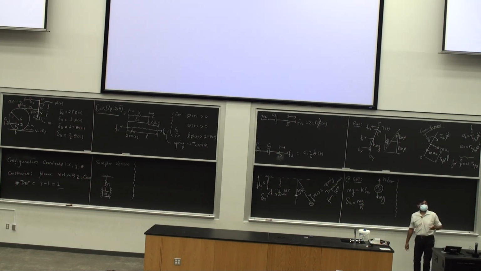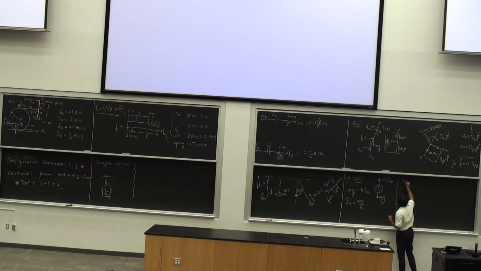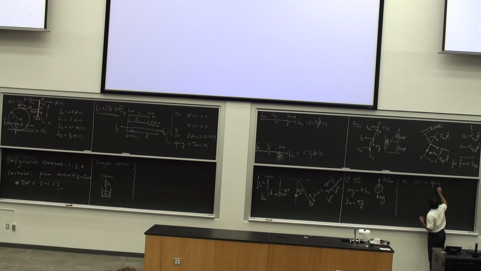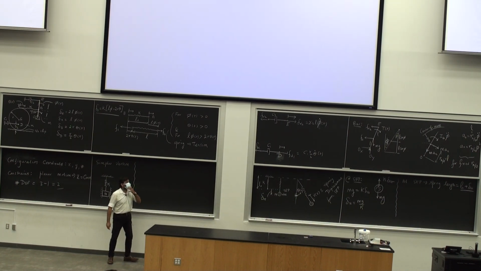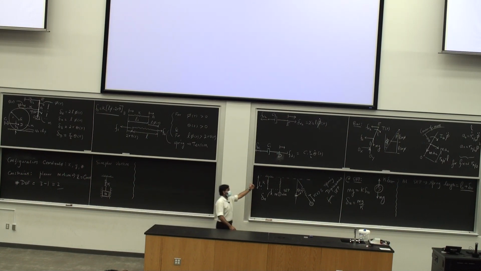At SEP, what is the length of the spring? L naught plus delta static, correct? Assuming that the spring is stretched, if it is stretched this way, it is positive r of t. If it is stretched the other way, it is negative r of t, assuming a positive coordinate direction for r of t.